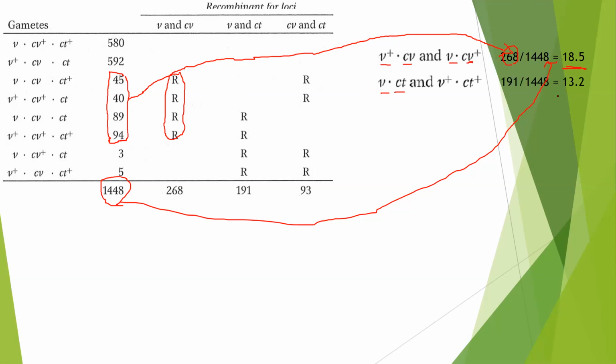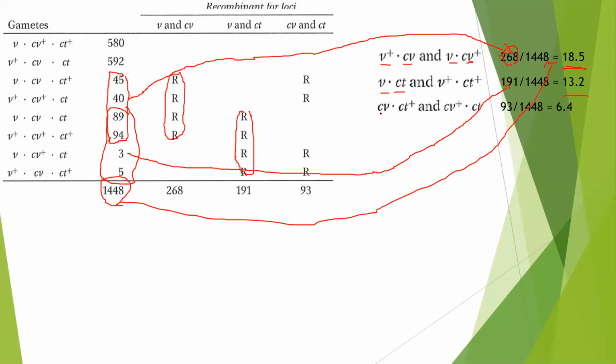Because when you look at these 2 genes, these 4 will represent the recombinants. So you use these 4 numbers here, and you add these 4 numbers to get these numbers here, and you can get the genetic map distance between these 2 genes.